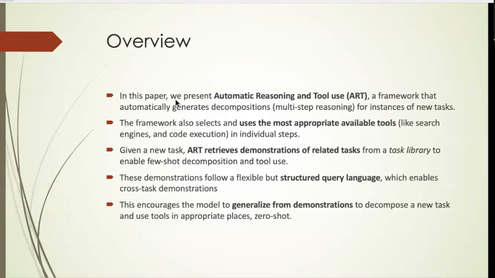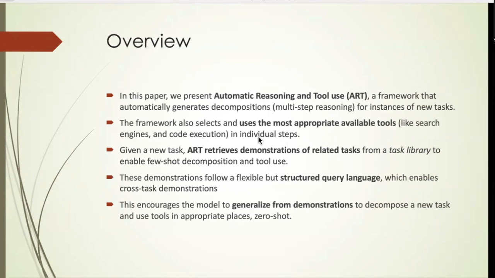Moving next to the overview of this paper. So this paper first presents the automatic reasoning and tool use, so they call it ART. It is more like a framework for how we can decompose the problem step by step for a new task.